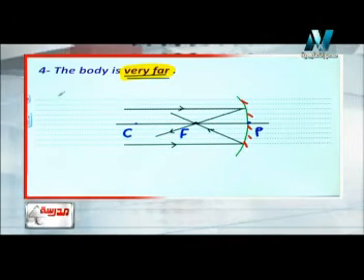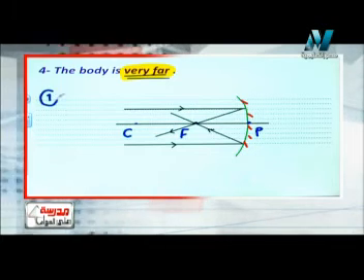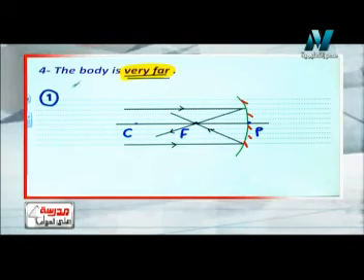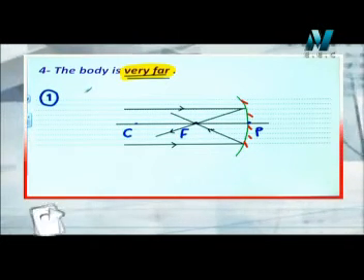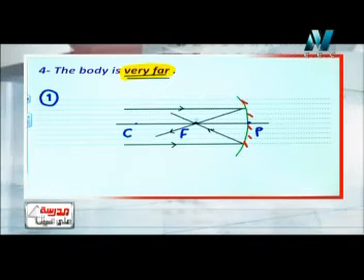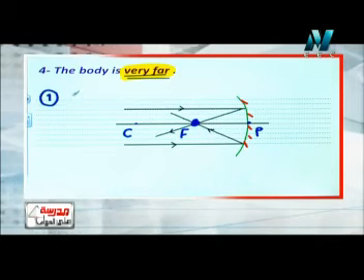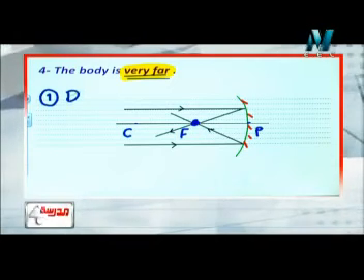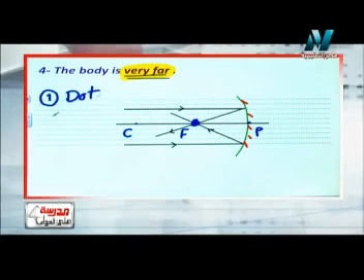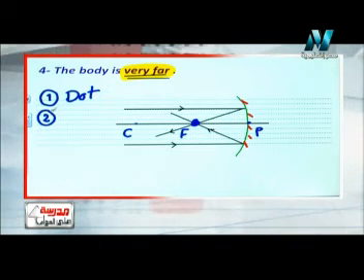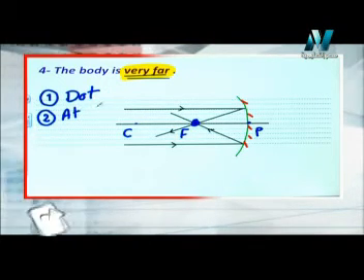Here the image is what? Inverted or erect? We don't know, because it is just an intersection here. In this case the image is a dot. Number 2, at focus.